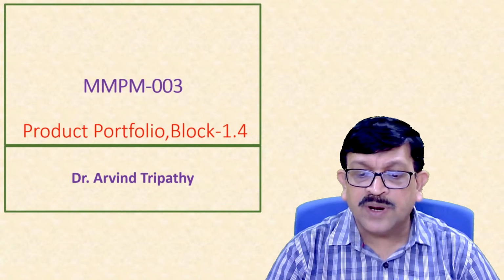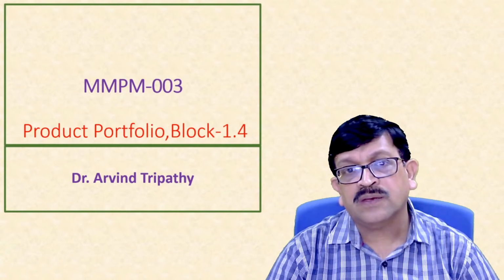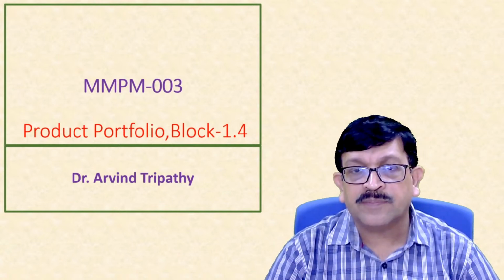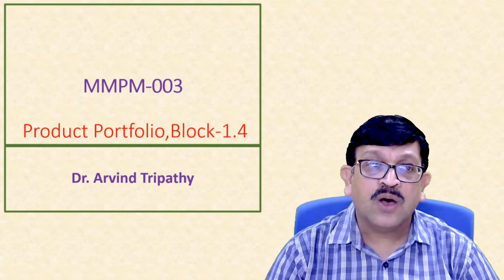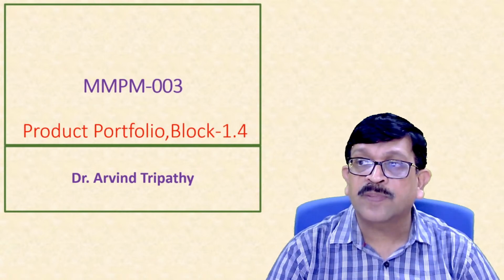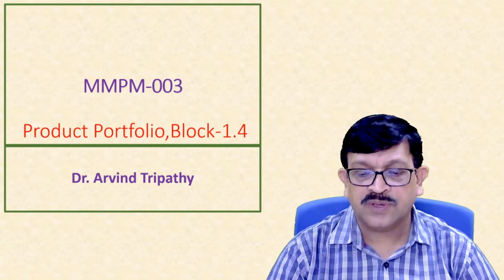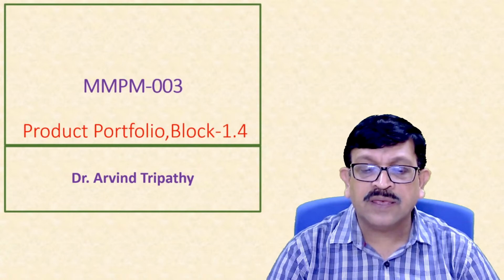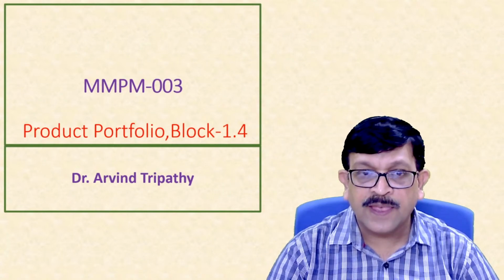But having said that, there can be certain assumptions in certain contexts which may not be practically possible in terms of the forecast during the decision making period, or there could be some historical data which cannot predict certain upheavals in the marketplace, like what happened during the COVID times. So one has to understand the contextual issues as well as the time factor while going for the portfolio analysis.